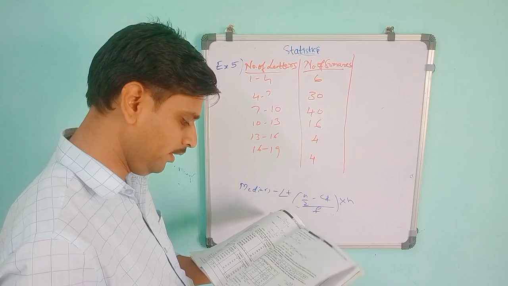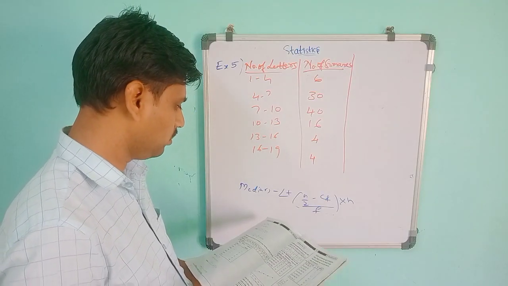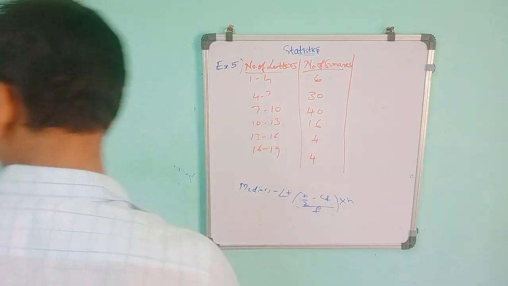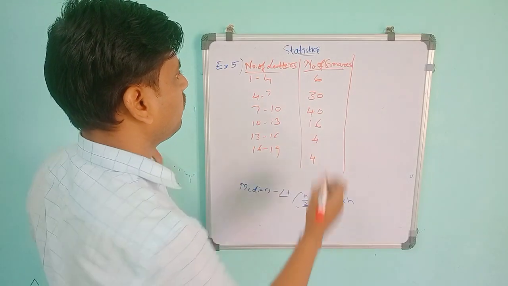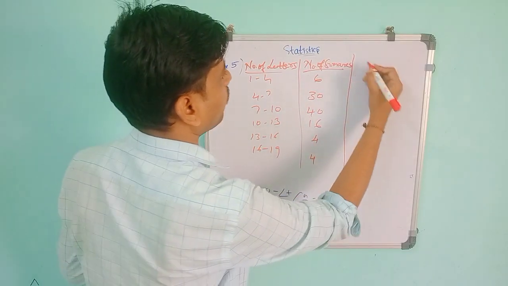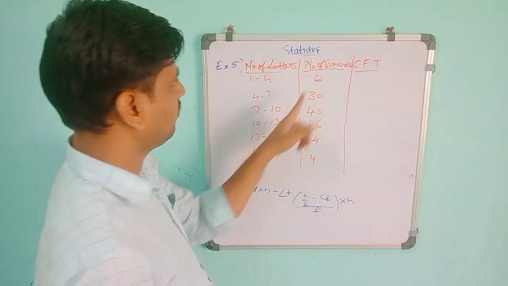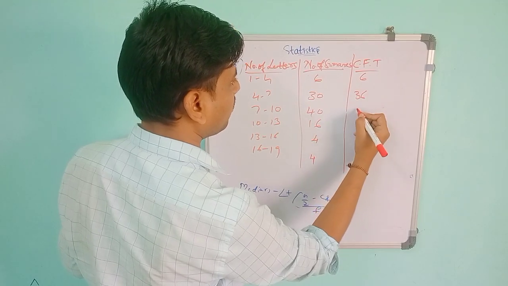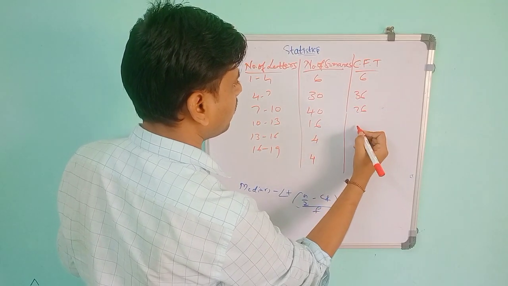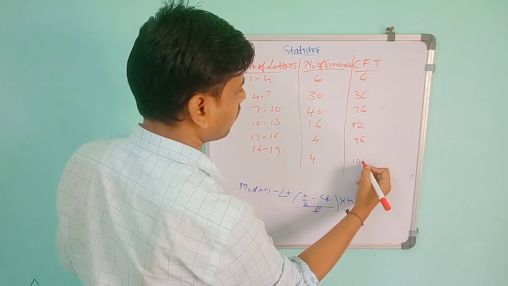First I will do the median. For the median we take number of letters and number of surnames, so this is the frequency. Then you have to find the cumulative frequency table. So 6 as it is, 6 plus 30 is 36, 36 plus 40 is 76, 76 plus 16 is 92, 92 plus 4 is 96, 96 plus 4 is 100.